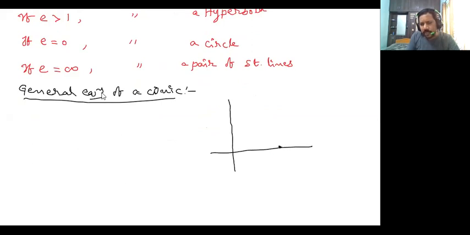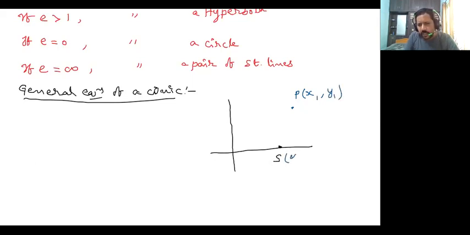This is the fixed point S. Now this is the locus P. Take it as x1 comma y1, or take alpha beta also, no problem. Okay, I am taking x1 comma y1.